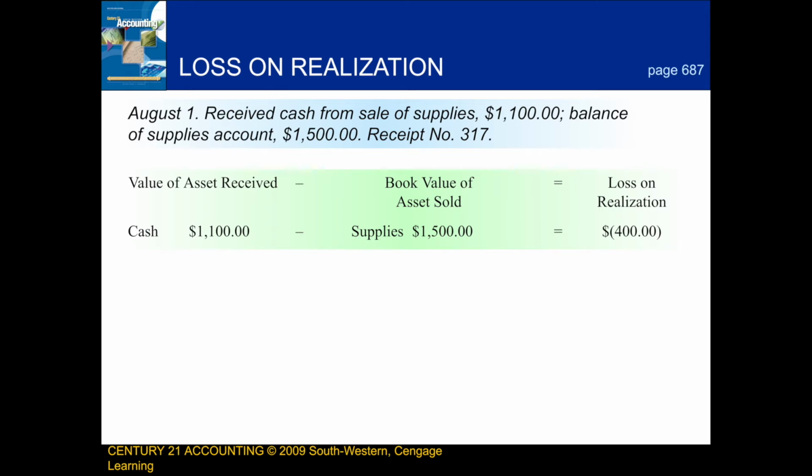The way that we calculate a loss on realization is as follows. We take the value of the asset received and we subtract it from the book value of the asset sold, and that will give us the loss on realization. Once the loss on realization has been calculated, we can then record the entry in the cash receipts journal.